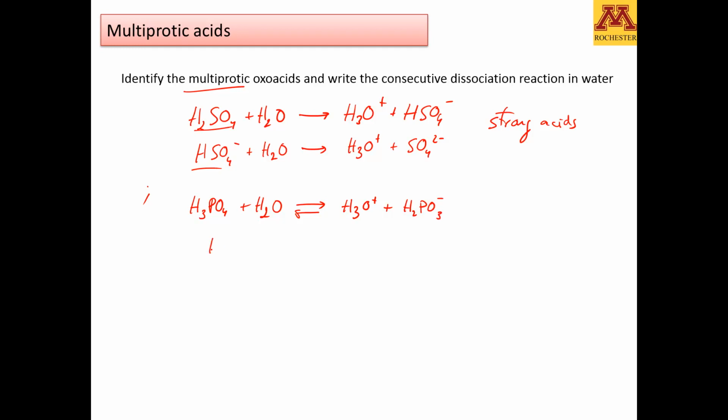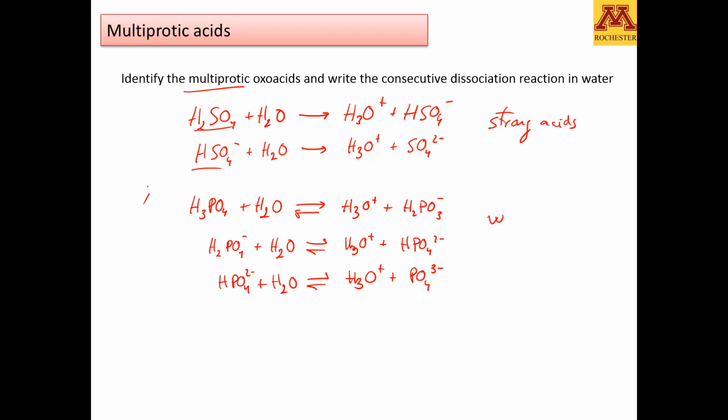The dihydrogen phosphate is even less acidic than phosphoric acid, and when it gives 1 proton, it becomes hydrogen phosphate. And finally, the hydrogen phosphate can give a 3rd proton to become now the base phosphate. Okay, these are all weak.